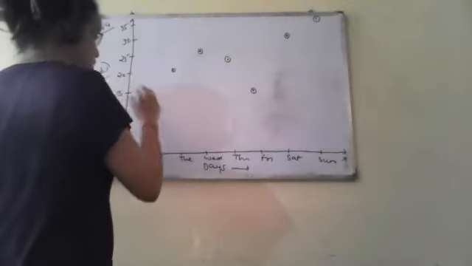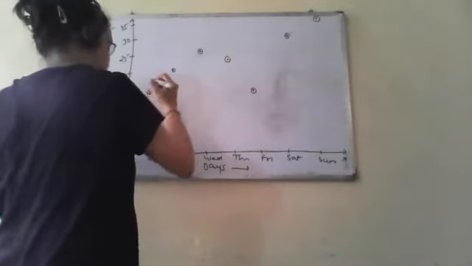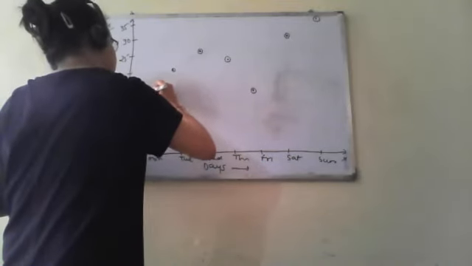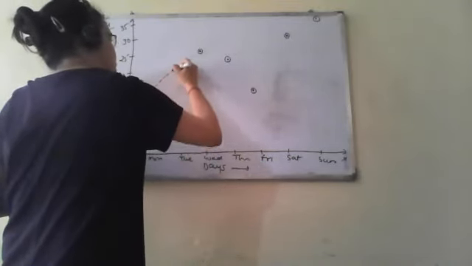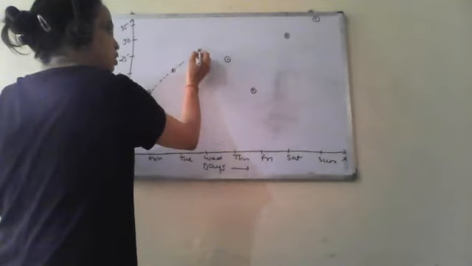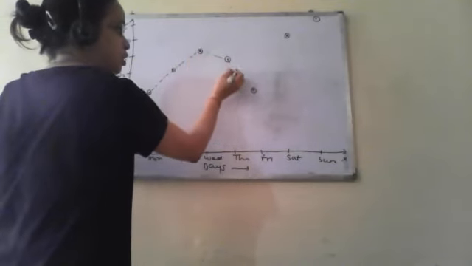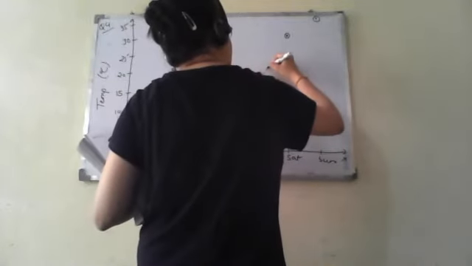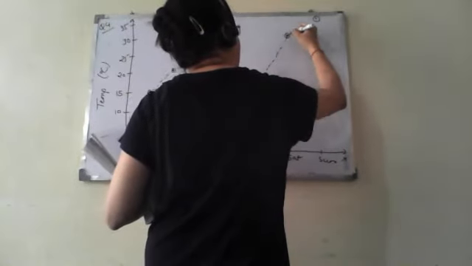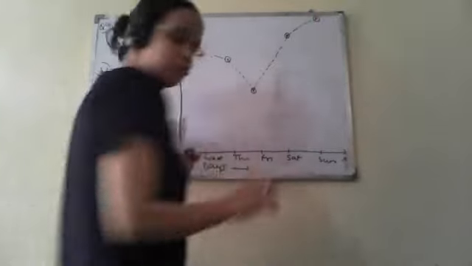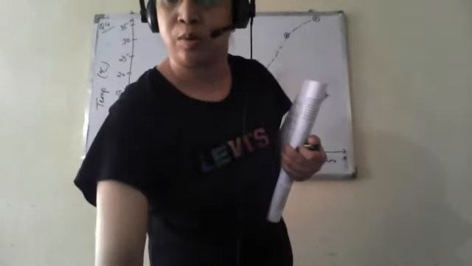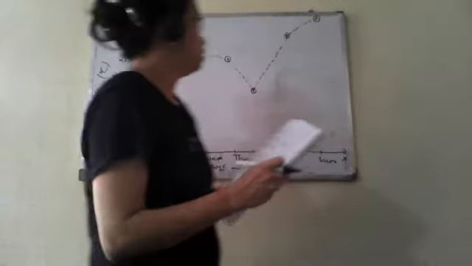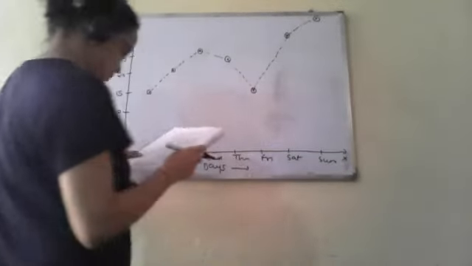So we will join these dots with the help of a dotted line. So this was the forecasted temperature.